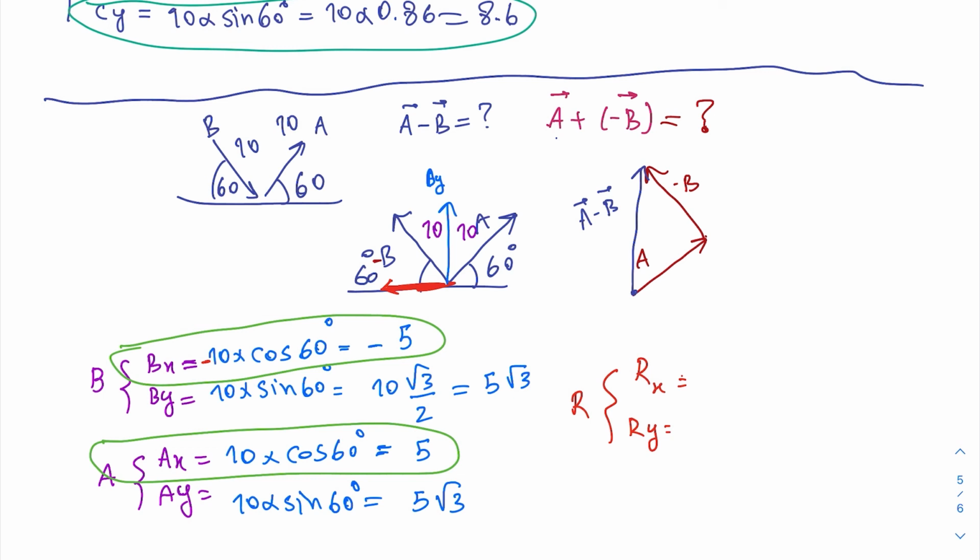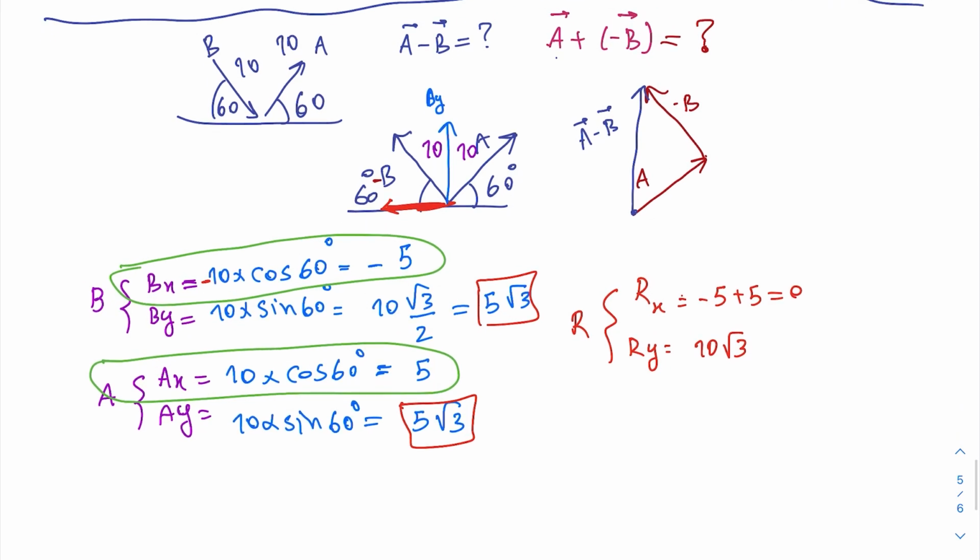Here, minus 5 plus 5, which is equal to 0. That means the resultant vector doesn't have any horizontal component. And how about the vertical one? The vertical one will be 10 square root of 3, because this 5 square root of 3 will be added with this 5 square root of 3.